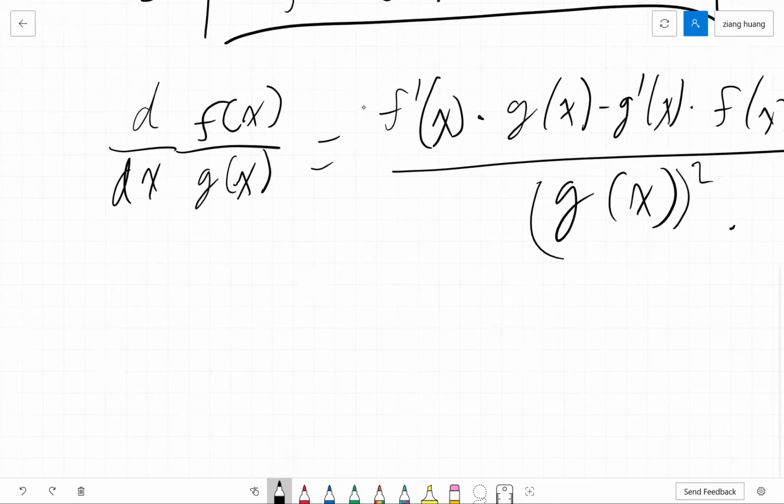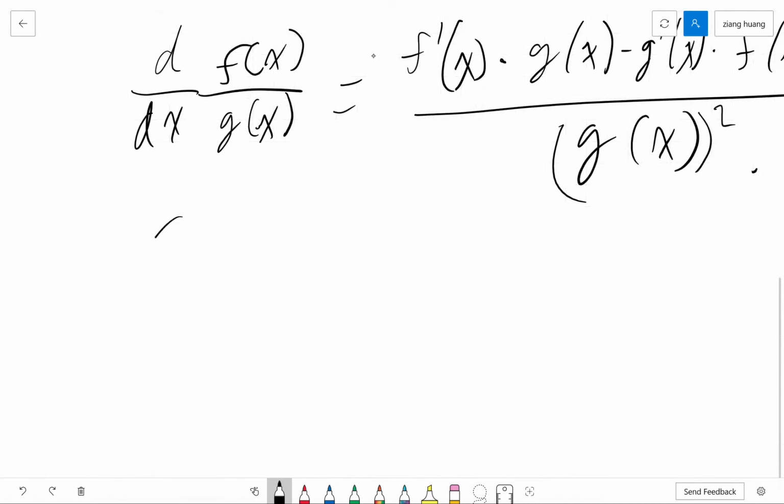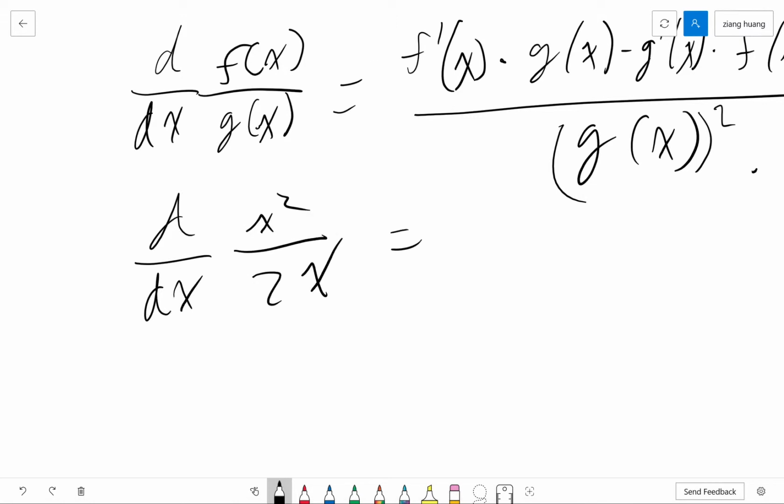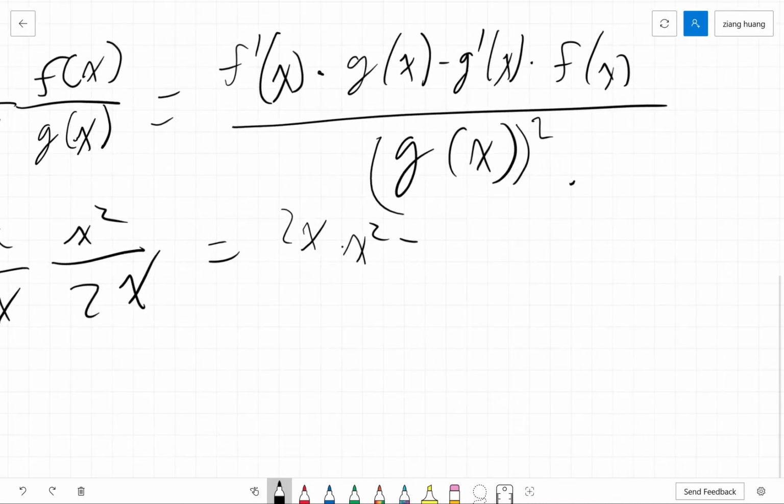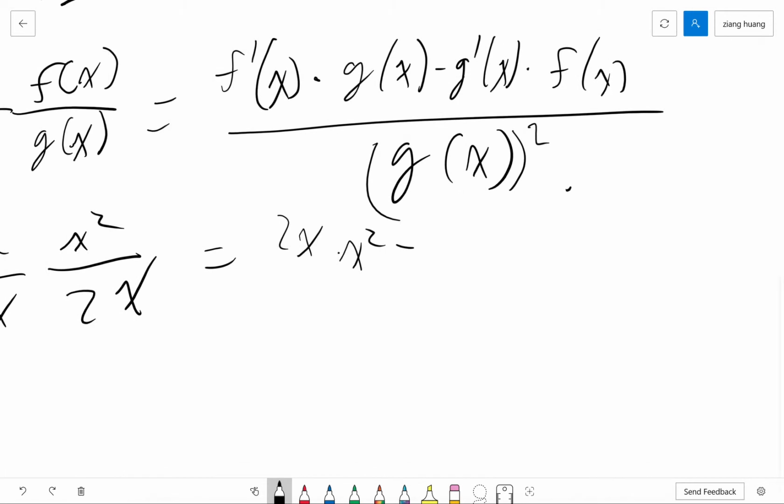So now let's see this in action. Let's suppose we want to differentiate x squared divided by 2x. This would be equal to: first we differentiate f(x), giving 2x, times 2x, minus, what's the derivative of g(x)? 2, times x squared.